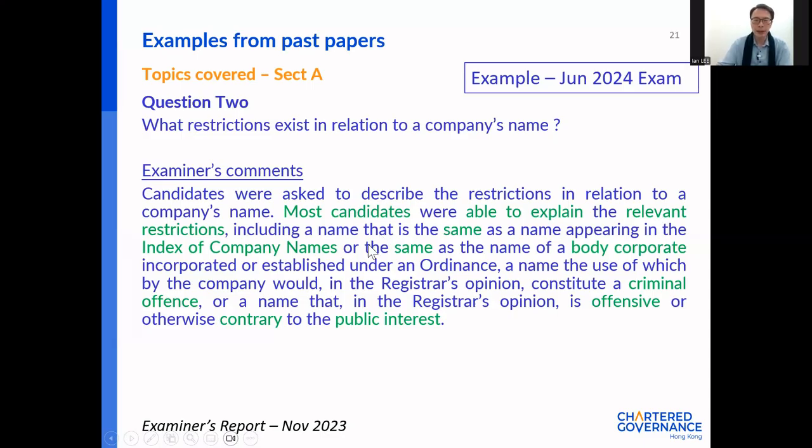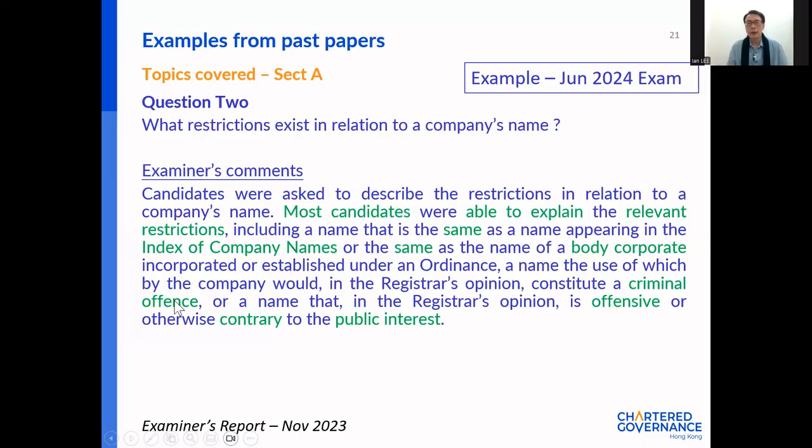And also the same as a body corporate incorporated under an ordinance. So that basically means if there was another entity that already has that name and it was set up under a separate ordinance governing their particular industry or area, then of course you cannot use the same name. Also, where the use of the name would constitute a criminal offense. Okay, so you may wonder how can a company name be a criminal offense?